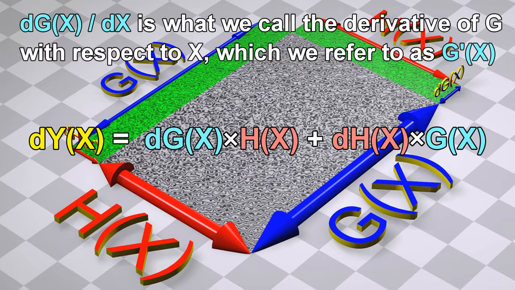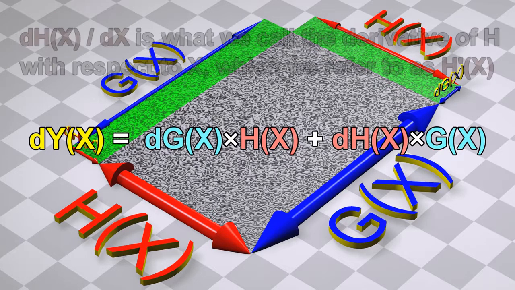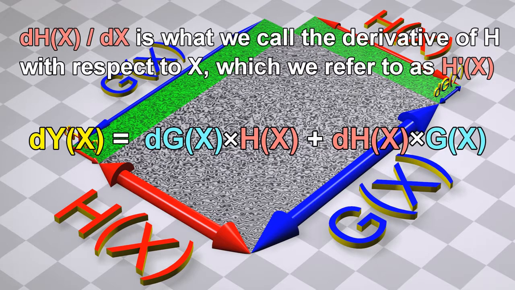dg divided by dx is what we call the derivative of g with respect to x, which we refer to as g prime. dh divided by dx is what we call the derivative of h with respect to x, which we refer to as h prime.